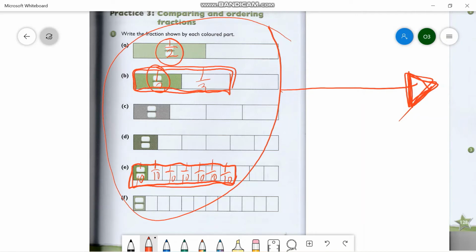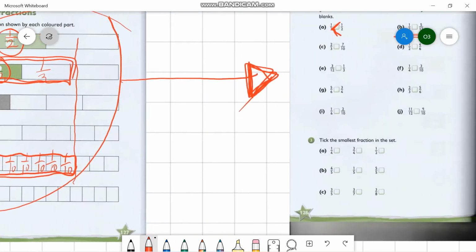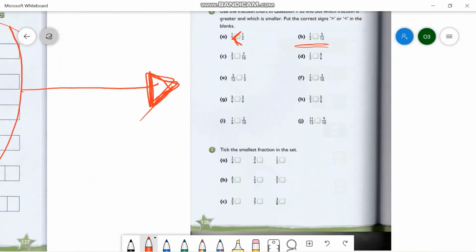Is it 2/3 or 7/10? Now let's put a line here. Okay, you will see that 7/10 is greater than 2/3. All right, now do letter D up to letter J.